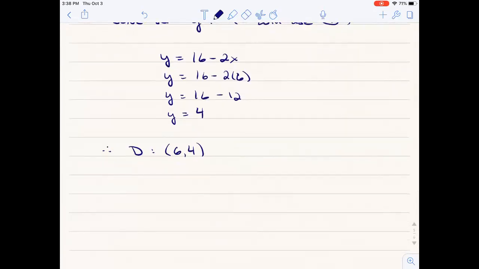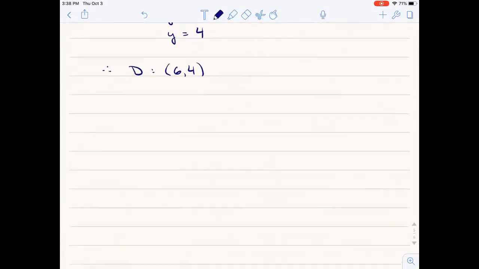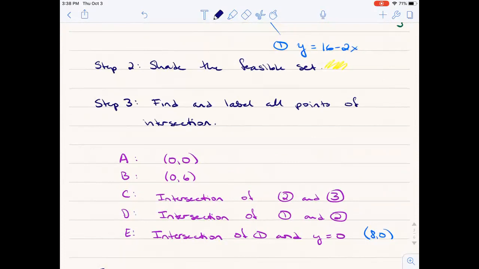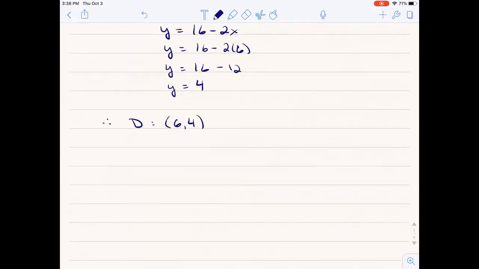The next step is we make a table of all the points of intersection, and then we're going to evaluate the profit function at each of those points, right? To figure out which one is the largest profit. Okay. And so, can't remember what step this is. Step 4? Sure.